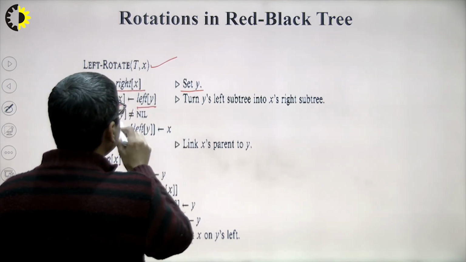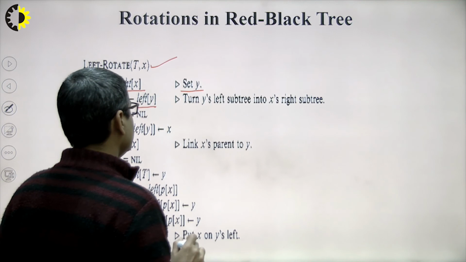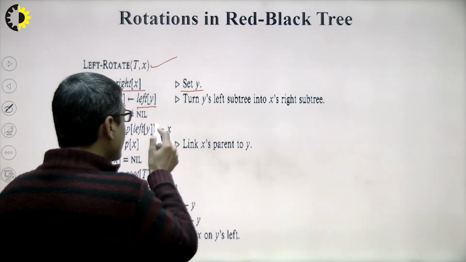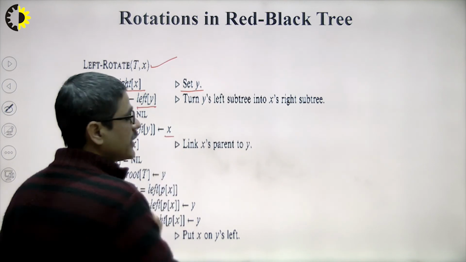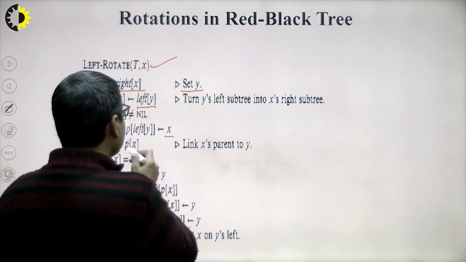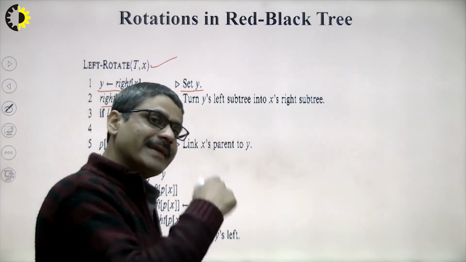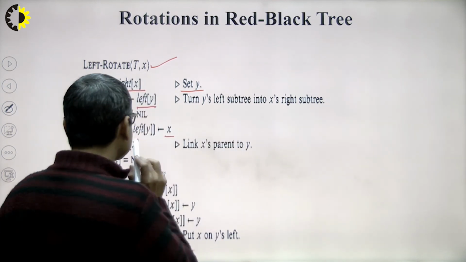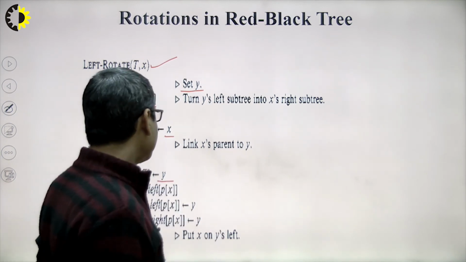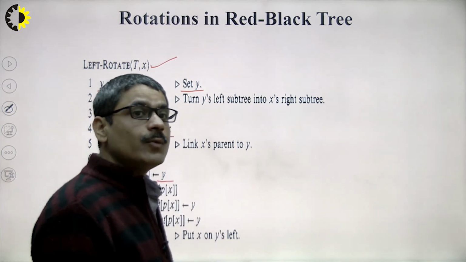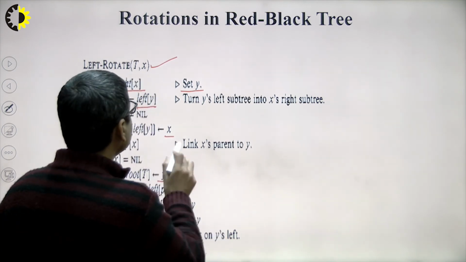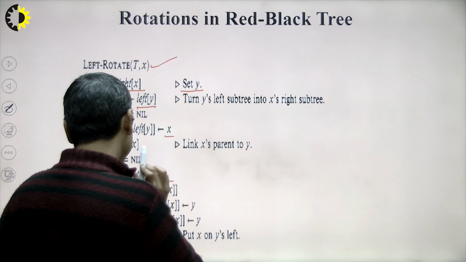Then if left of y is not equal to nil, if left of y is available, then the parent of left of y must be made x. Then definitely parent of y becomes parent of x, because you are rotating left. If parent of x is equal to nil, then y would be the root of the tree, so root of tree equals y.